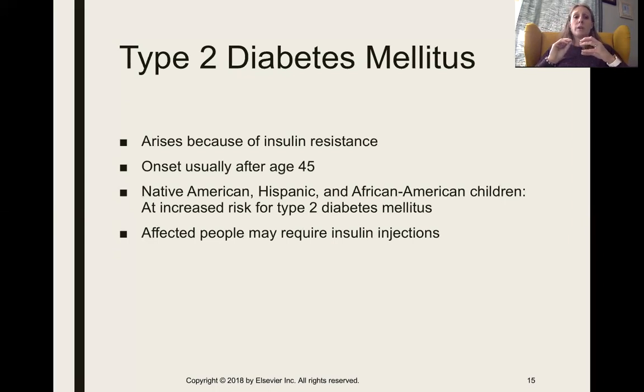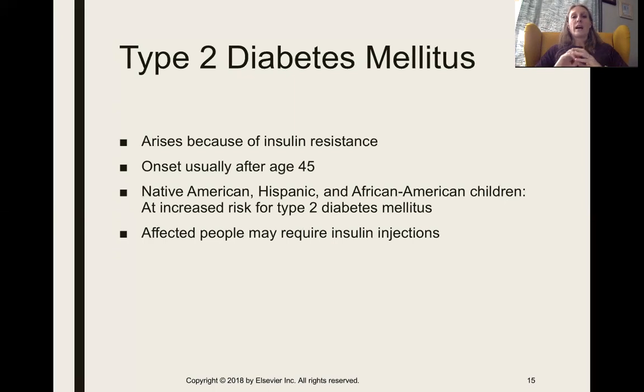So when we have an insulin resistance, then the receptors on the cell wall are resistant to the insulin attaching to that cell wall. So we can have an insulin resistance with a seemingly normal insulin secretion, but because of the resistance, it becomes relatively deficient.